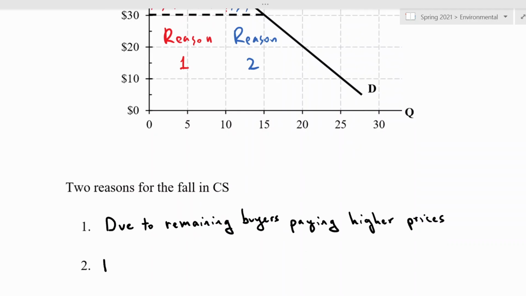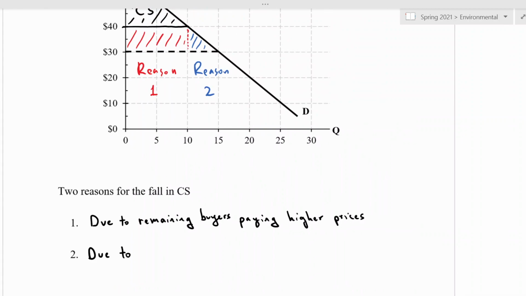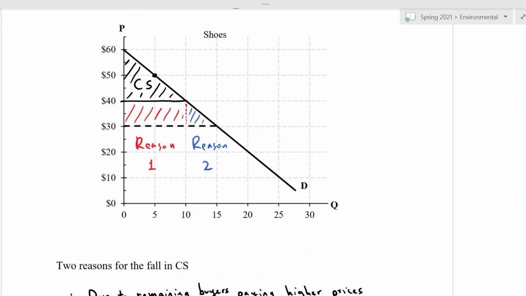And so the second reason is due to buyers leaving the market. Okay, and so we see a fall in consumer surplus when prices rise, and that is due to these two reasons here.